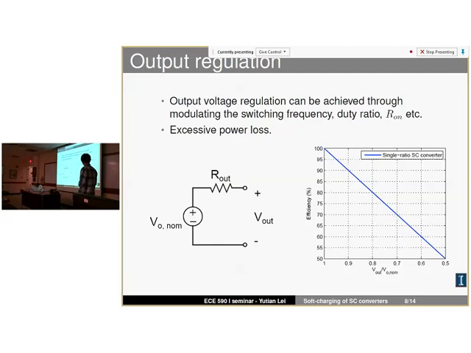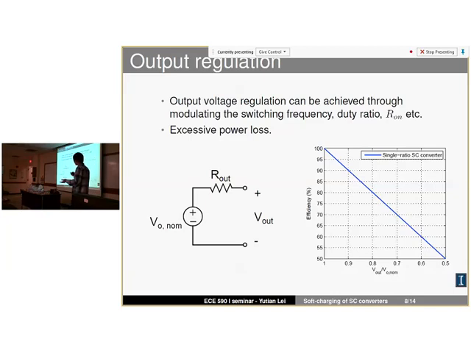Here we are showing efficiency versus the output voltage, normalized to the nominal output voltage. You can see that if we want an output voltage that is half of the nominal voltage determined by the topology, the efficiency actually drops to 50%.